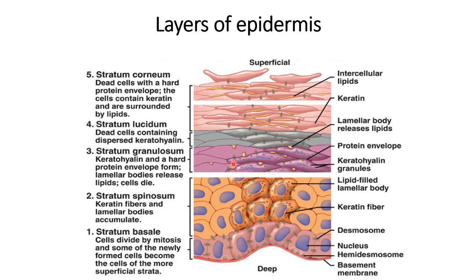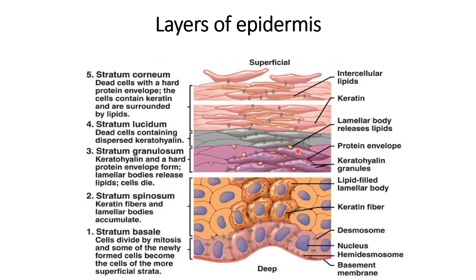Then as we go upward, we have stratum granulosum. This is almost 3 to 5 layers thick, and the cytoplasm of these cells contains basophilic granules known as keratohyalin granules.